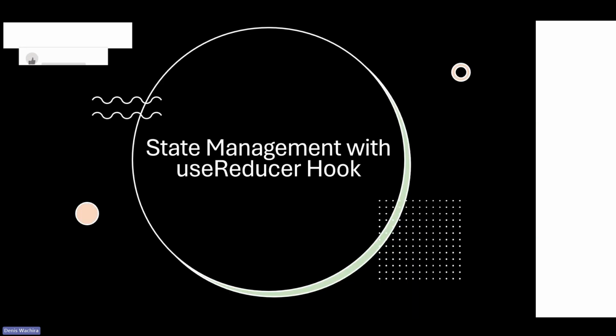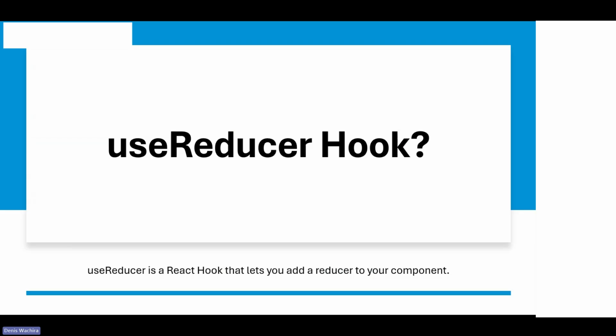Today it's about state management with useReducer. So how do you use useReducer? useReducer is another React hook, but instead of directly updating the value, you dispatch an action. So it's like maybe Redux Lite.